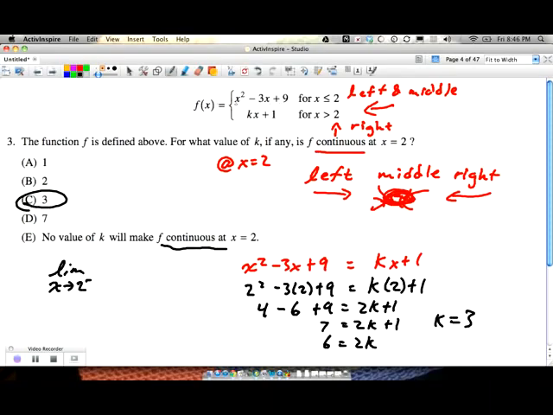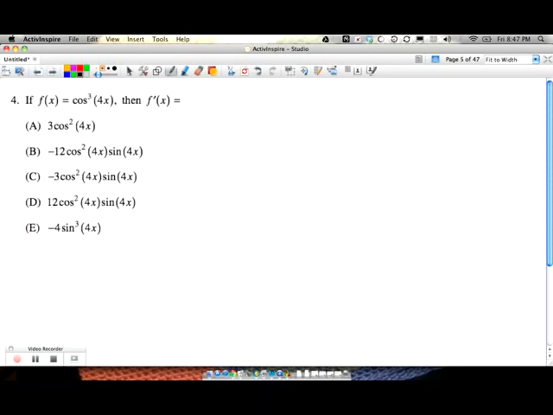If I plugged in 2 squared minus 3 times 2 plus 9, that was 7. So that equals 7. And f of 2, if I plug in 2, equals 7. And then the limit as x approaches 2 from the right is also equal to 7, if I plug it into these pieces up here. That's how I would have checked my work if I really needed to.